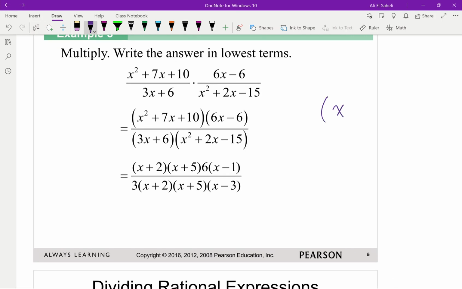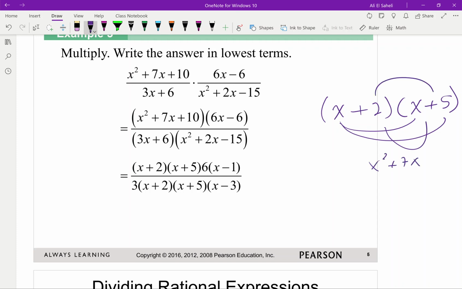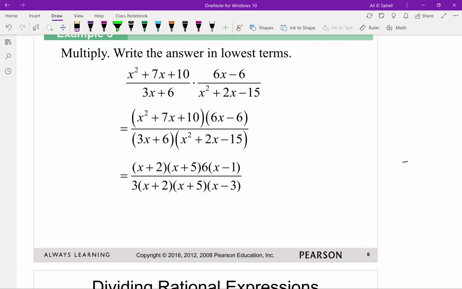So x plus 2, x plus 5. Okay, this will give us x squared, 5x, 2x is 7x, plus 10. Okay, this is what we learned to do before. So this is this piece.